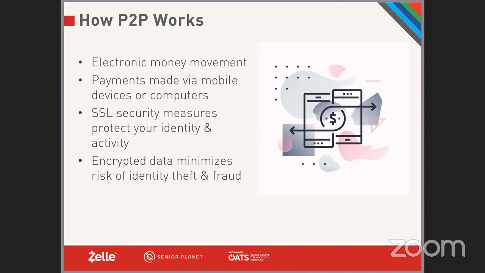If your bank does not participate with Zelle, you can still use Zelle. You'll just need to download the Zelle app. There are SSL security measures to protect your identity and activity, and as we said, the encrypted data minimizes the risk of identity theft and fraud.